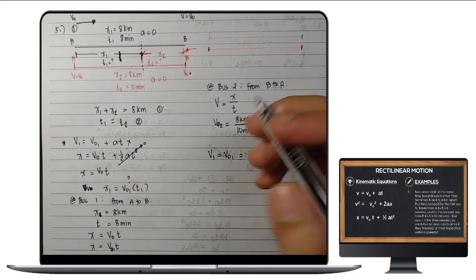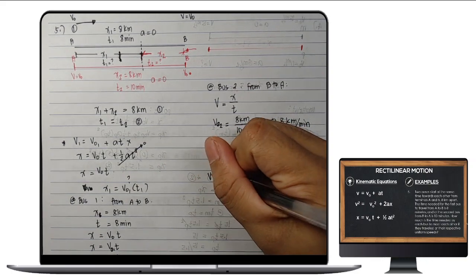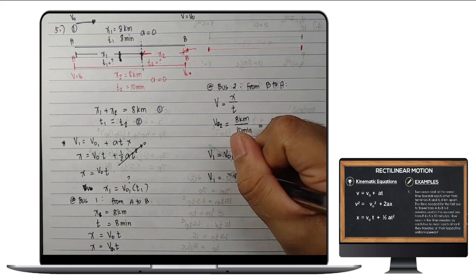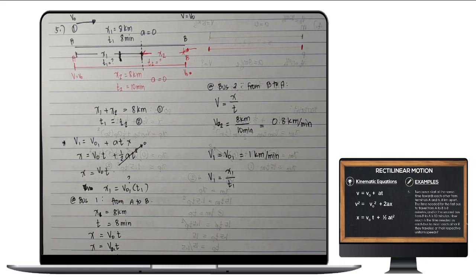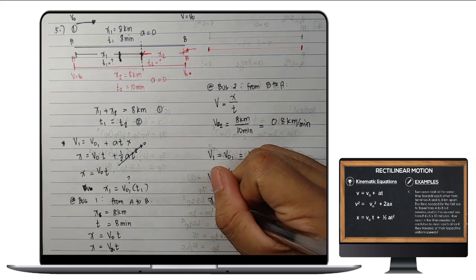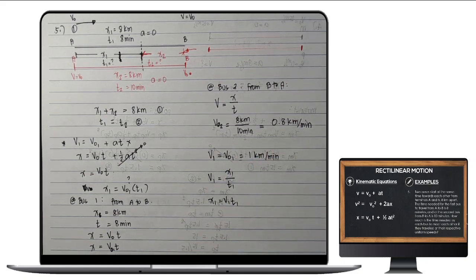And from this equation, V1 will be equal to x sub 1 all over t sub 1. Okay? Therefore, x sub 1 is equal to v sub 1 times t sub 1.